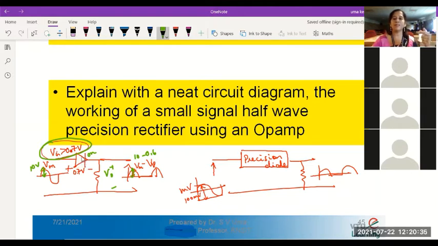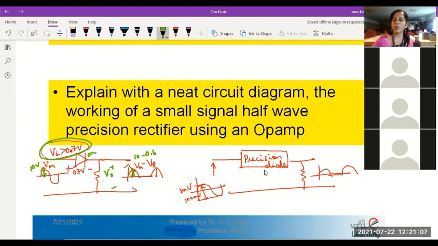So we can't have the ideal diode behavior. Now, if we want to rectify input voltages which are less than 0.6 or 0.7 volts, what should we do? I should make this diode behave similar to an ideal diode. And when will a diode behave similar to an ideal diode? When I convert it to a precision diode. So I'm going to convert the normal diode to a precision diode.